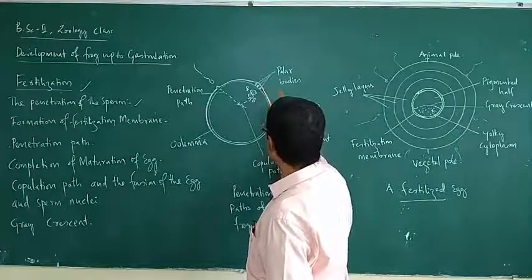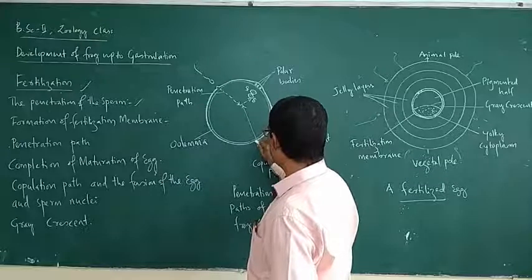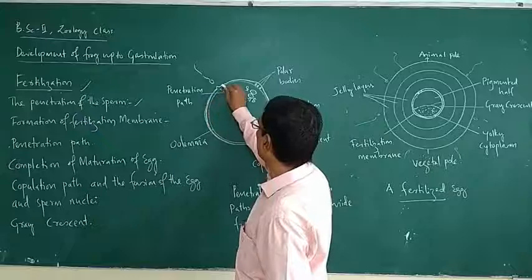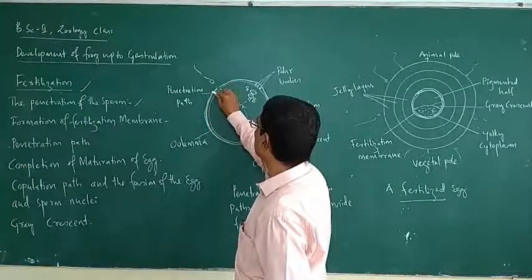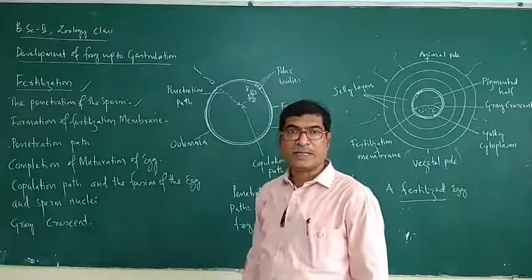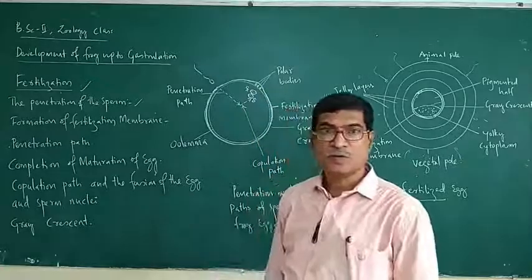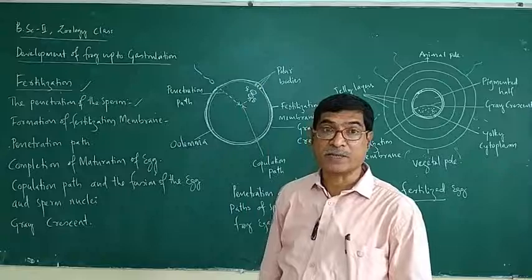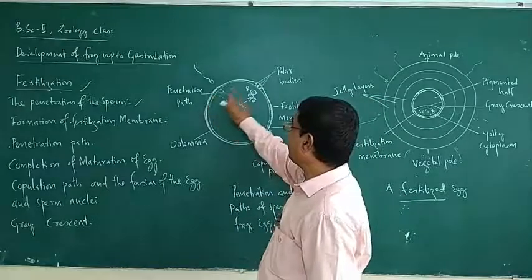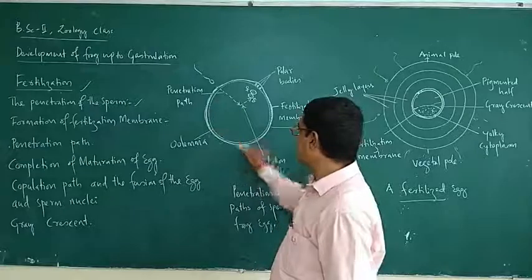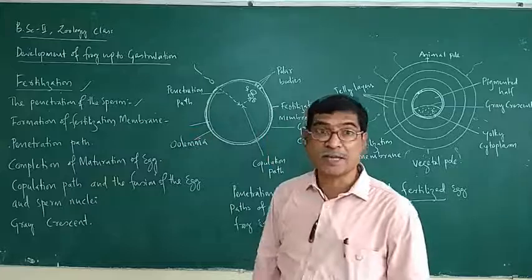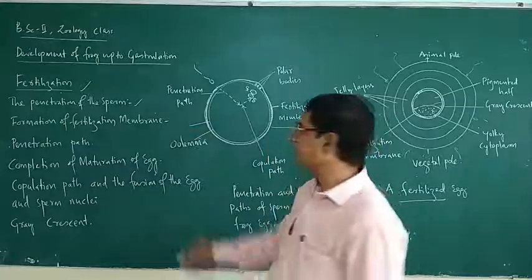The Wittlein membrane becomes thicker after entry of the sperm into the ovum. Therefore, this membrane is called the fertilization membrane. The Wittlein membrane is transformed into the fertilization membrane. And between the fertilization membrane and the oolemma, there is a space. Can you see that? A space is formed. This space is called the peri-Wittlein space.